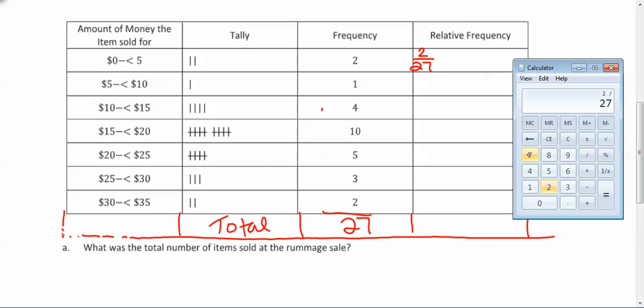Remember, you type in your numerator first, the top number, divided by the bottom number, and that equals a really fun number that is next to impossible to see on that screen, but it says 0 and, well, I'm just going to say point. It's going to be 0.074074887, I think. I may be wrong on that.